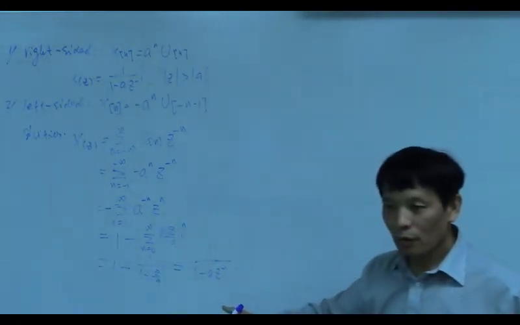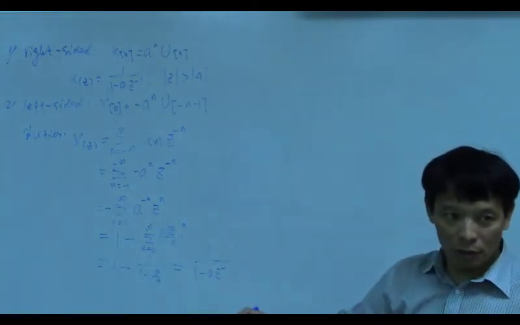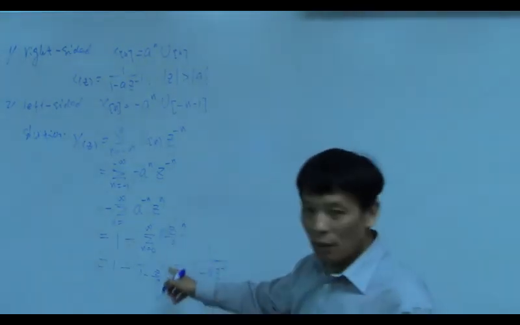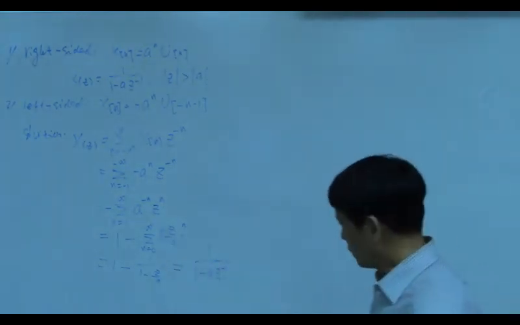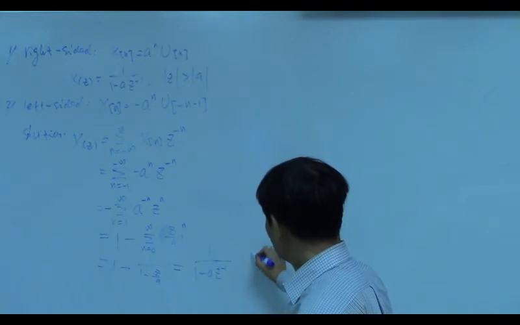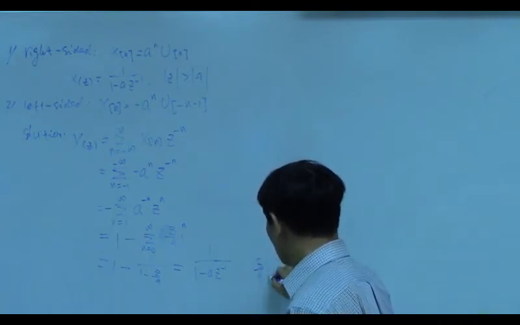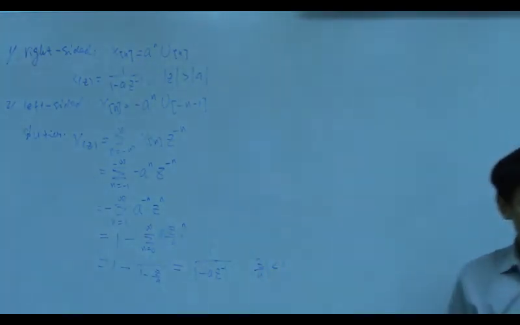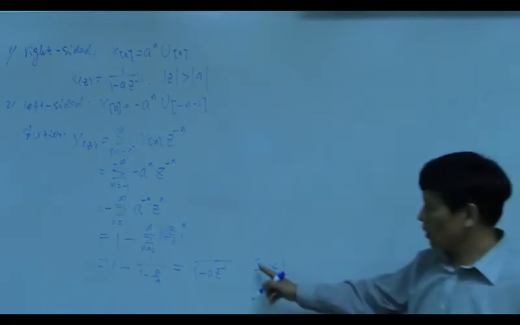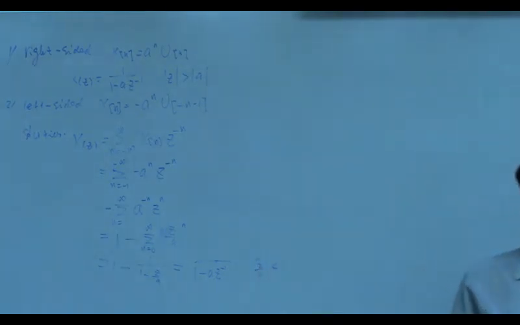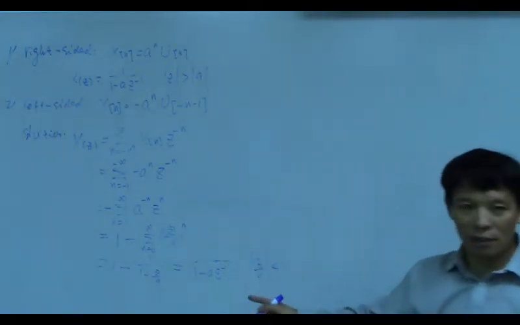And for us to get this result, the ratio z over a must be less than 1. So the absolute value of z over a must be less than 1. That means the absolute value of z must be less than the absolute value of a.